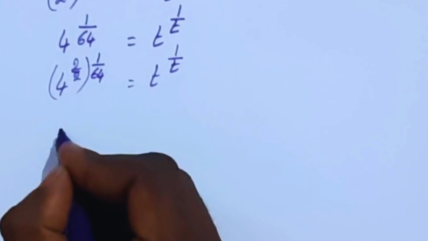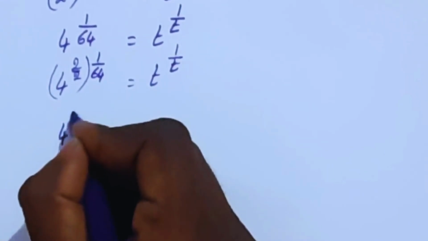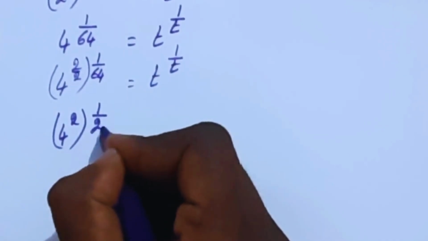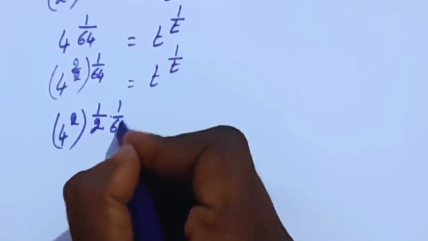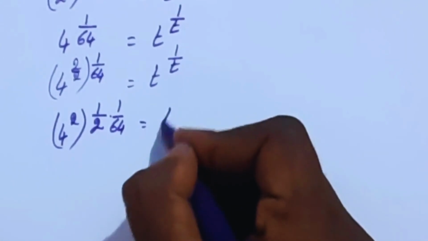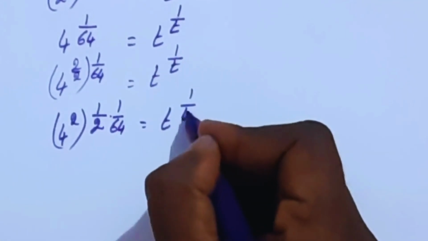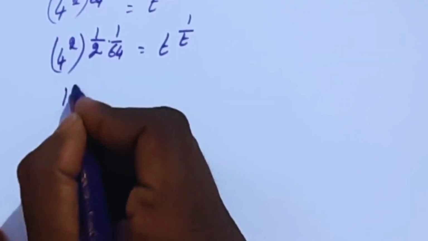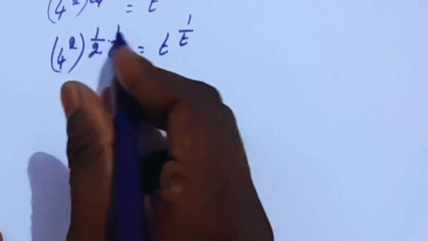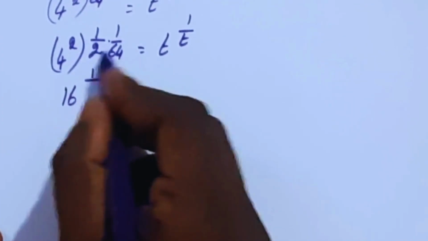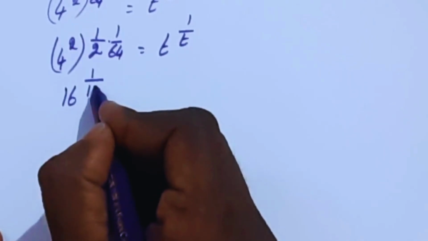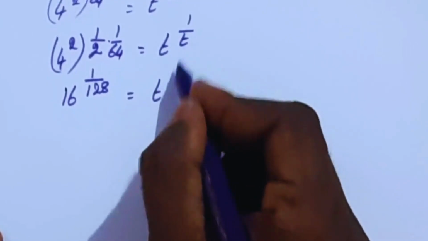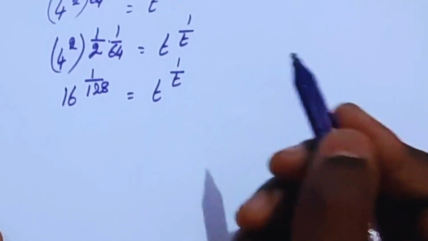Now this can be written as 4 power 2 whole power 1 by 2 times 1 by 64 equals t power 1 by t. Now 4 power 2 is 16, power 1 times 1 is 1, and this is 128, so 16 power 1 by 128 equals t power 1 by t.